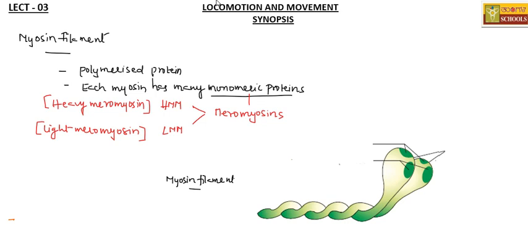Those monomeric proteins together form the meromyosins. Now, when we see each meromyosin, it has two important parts.